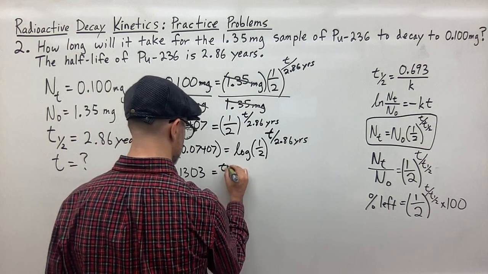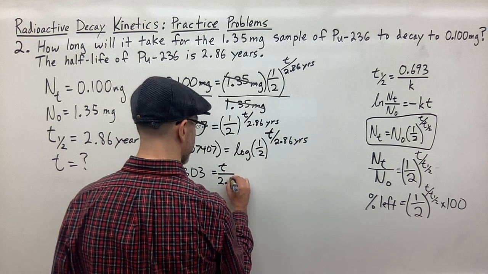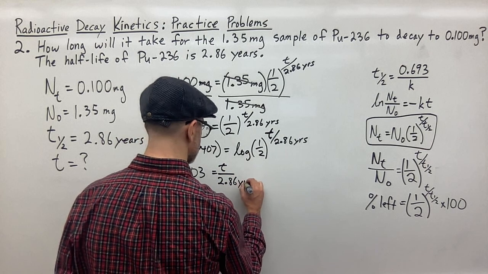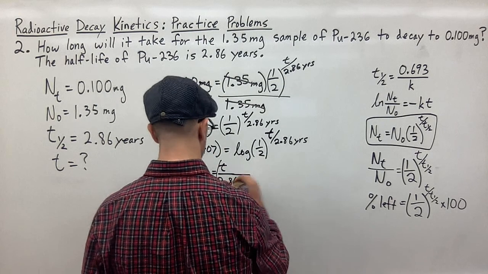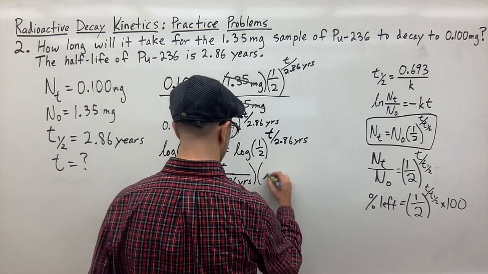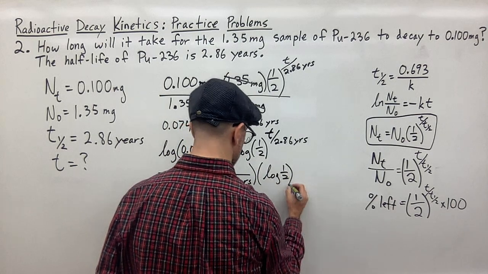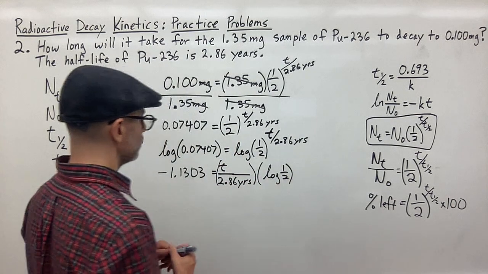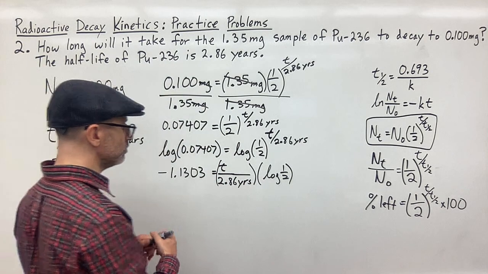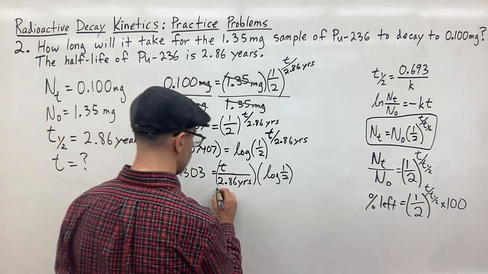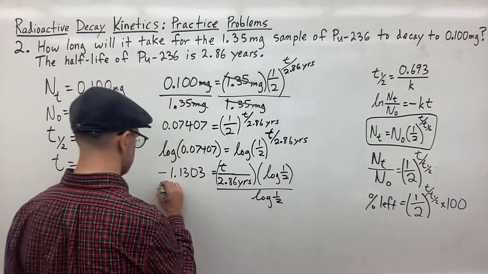And that's equal to, and then I can bring this power down in front here, so I get t over 2.86 years. And then again, that's going to be multiplied by the log of 1/2. But the log of 1/2 is a certain number. So I can now divide both sides by the log of 1/2.